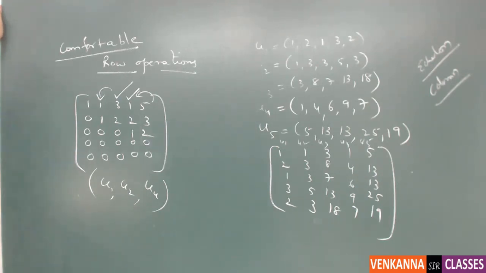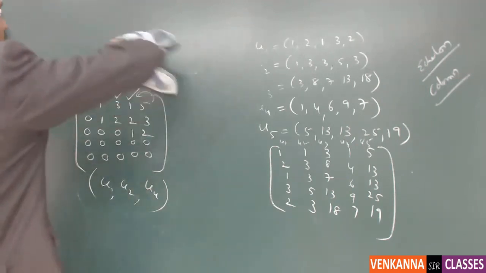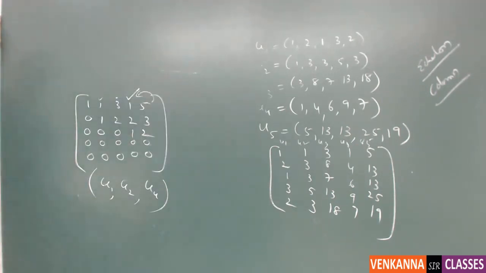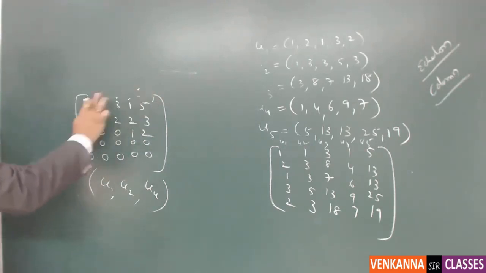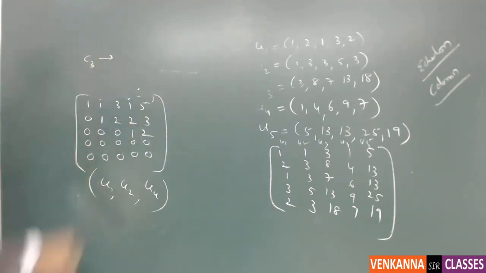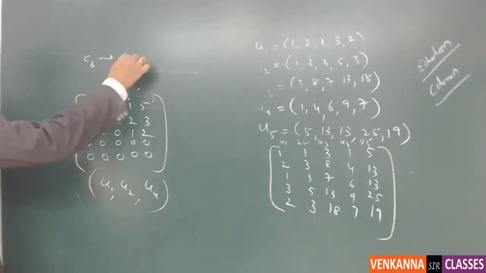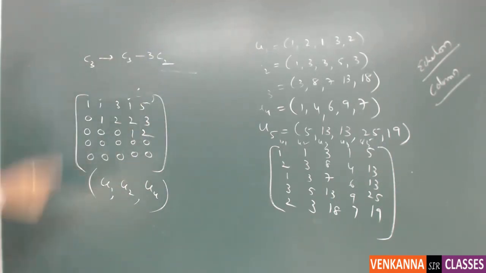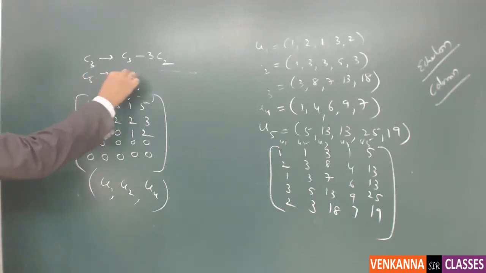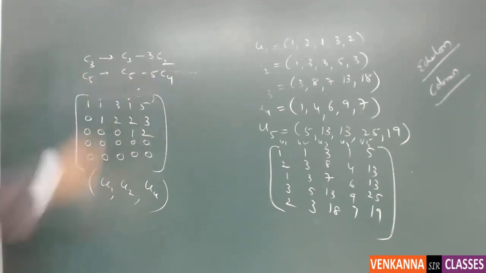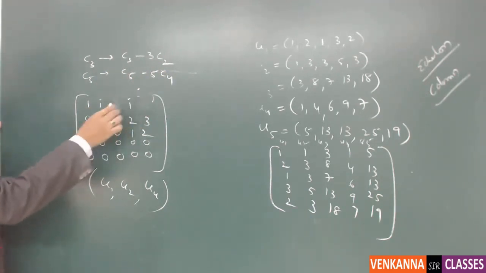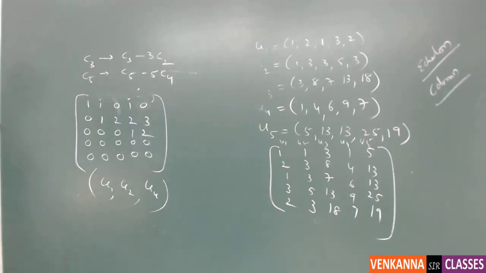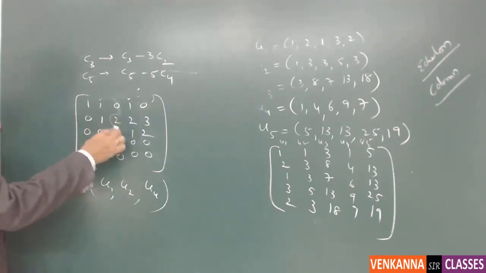How come independent? Let me say. So if you do the operations, these will become 0 and you will get some different values here.